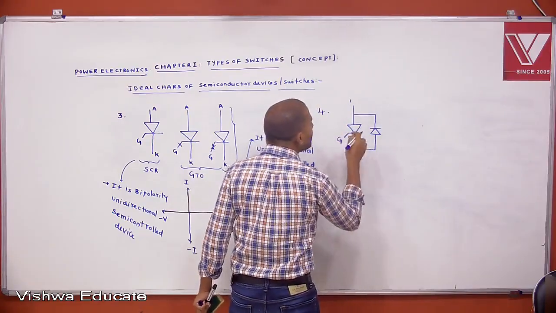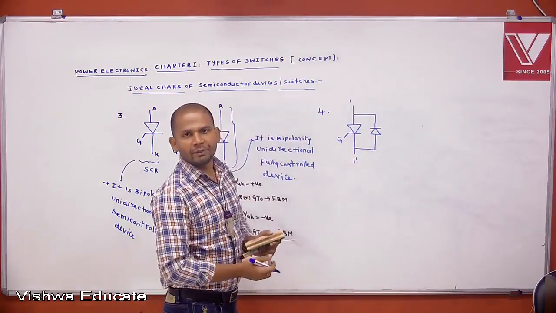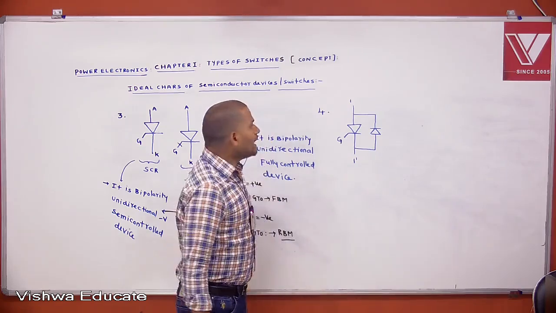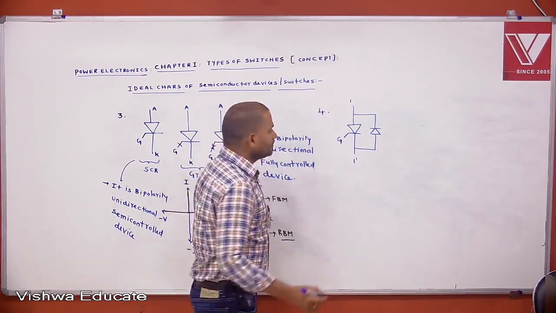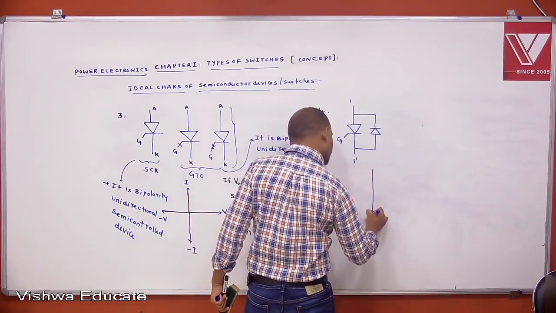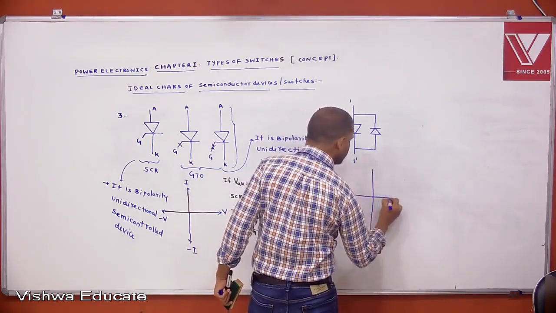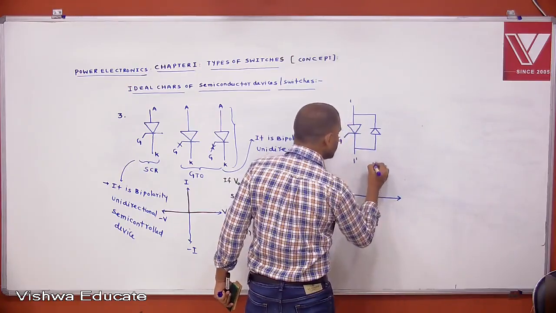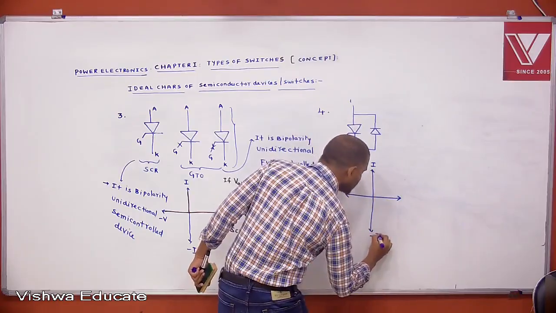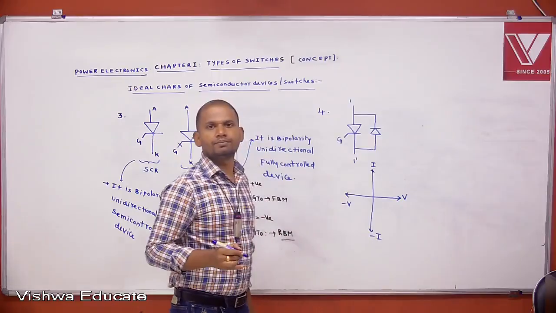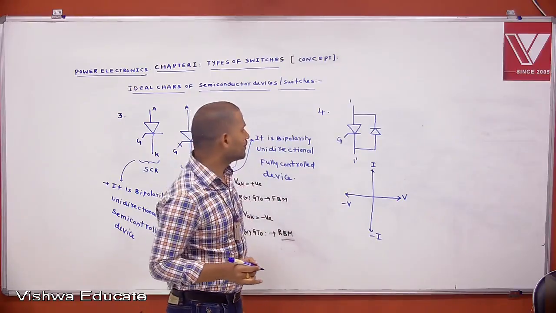Don't represent with anode and cathode because of the anti-parallel. Now, what is the ideal characteristics of this device? In drawing the ideal characteristics, take this as I, this as minus I, V and minus V. Understood?